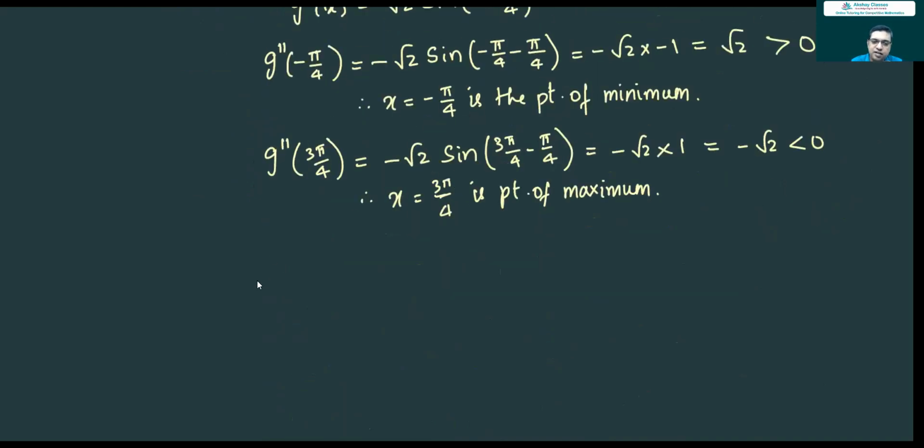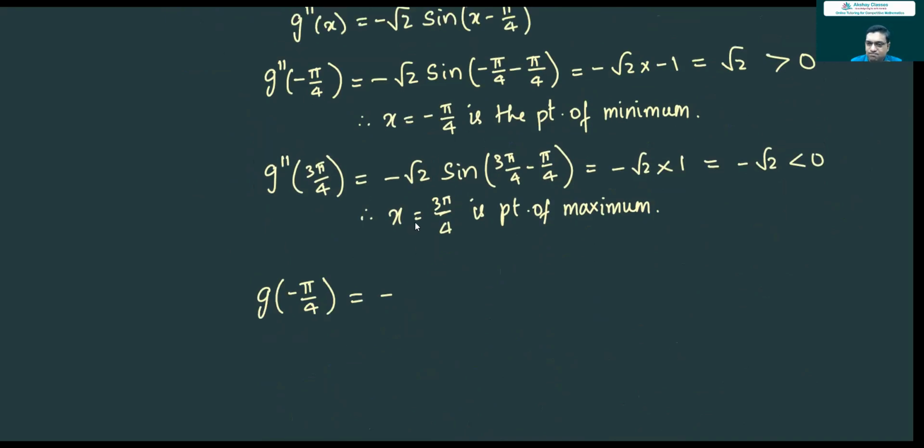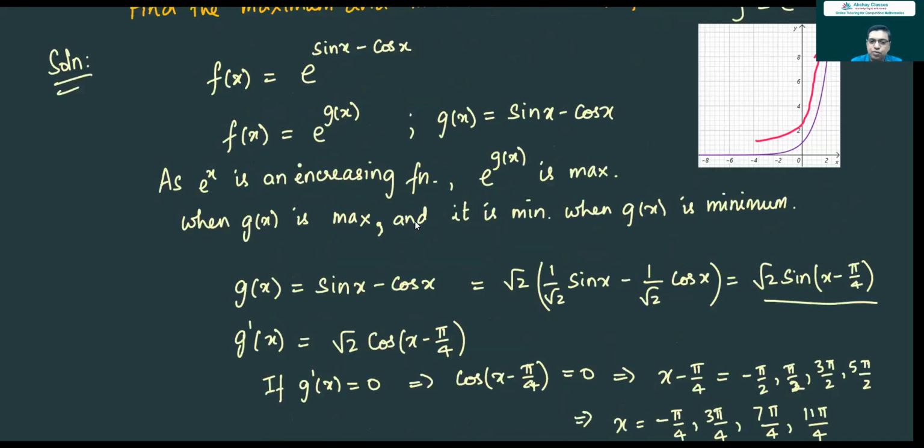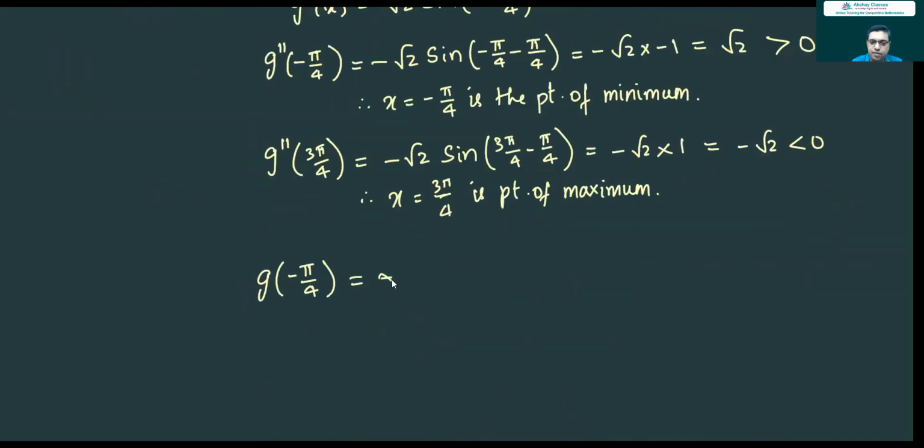So if you find g of minus pi by 4, it is root 2 into sine of minus pi by 4 minus pi by 4.